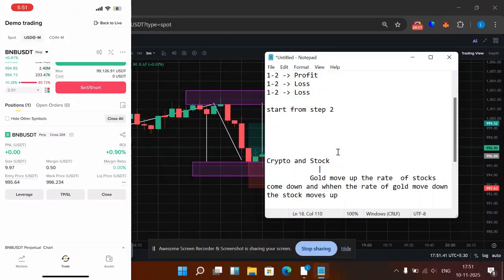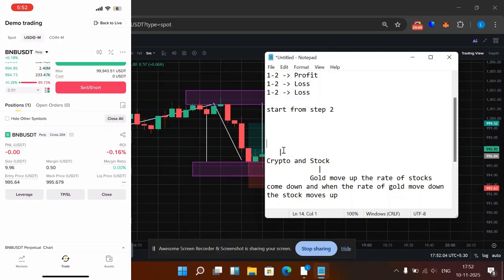Okay, 66% we are up. 0.66%. 68. Okay. Now you guys can actually see here. Now what is the catch in crypto? There is no catch. The same market is market. There is no difference.